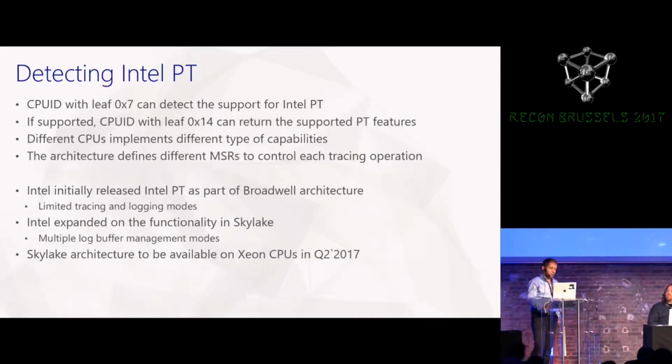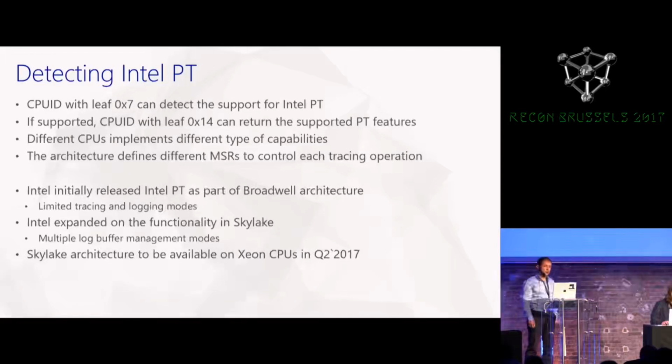To discover Intel Processor Trace in a CPU, you can do it even in user mode, only emitting two CPUID instructions with two different leaves. One is used to detect the support for Intel Processor Trace. The second one is used to detect the features of Processor Trace, because different CPUs can implement different features.